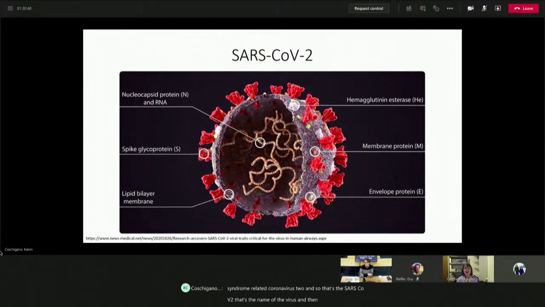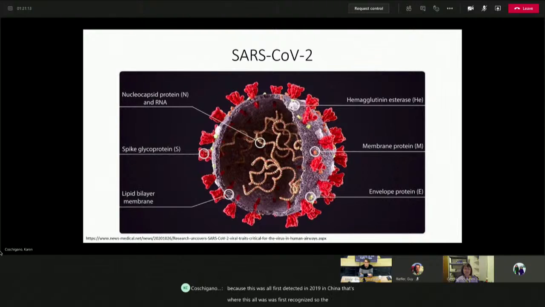And COVID-19 is the name of the disease that results from infection with the virus. COVID comes from coronavirus: CO for corona, VI for virus, D for disease, and then 19, because this was first detected in 2019 in China. That's where this was first recognized.